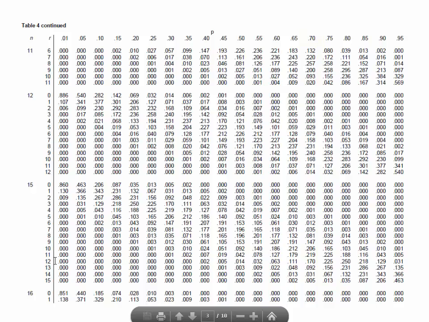We go across the 12 until we get to the 0.7, and we get 0.17. So the answer to the problem is about 17%.